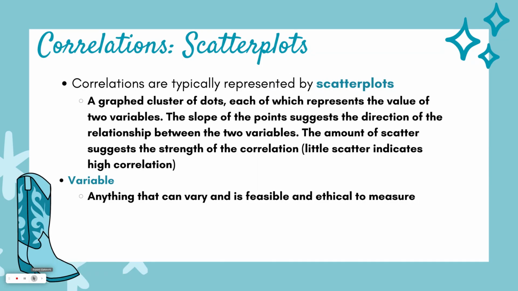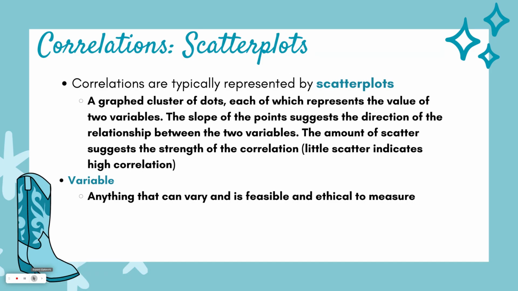The way we represent correlations graphically is through a scatter plot. A scatter plot is a graphed cluster of dots, each of which represents the value of a variable. The slope of the points tells us the direction of the relationship between the variables, and the amount of scatter, meaning how close the dots are together or how spread apart they are on the graph, tells us the strength of the correlation.